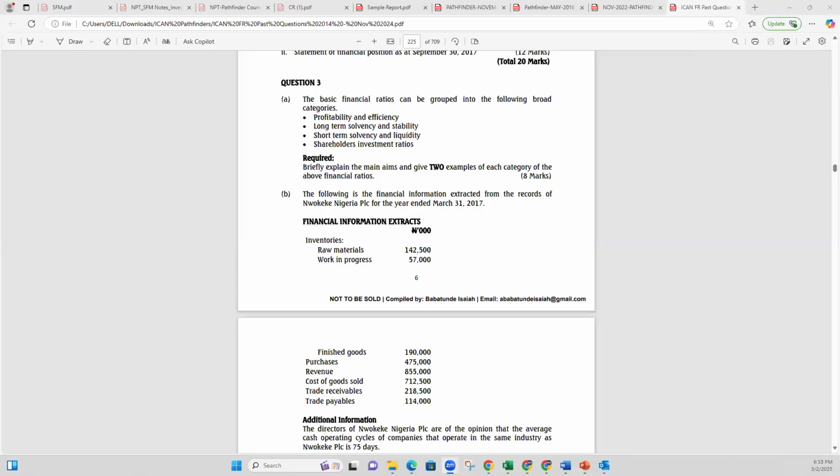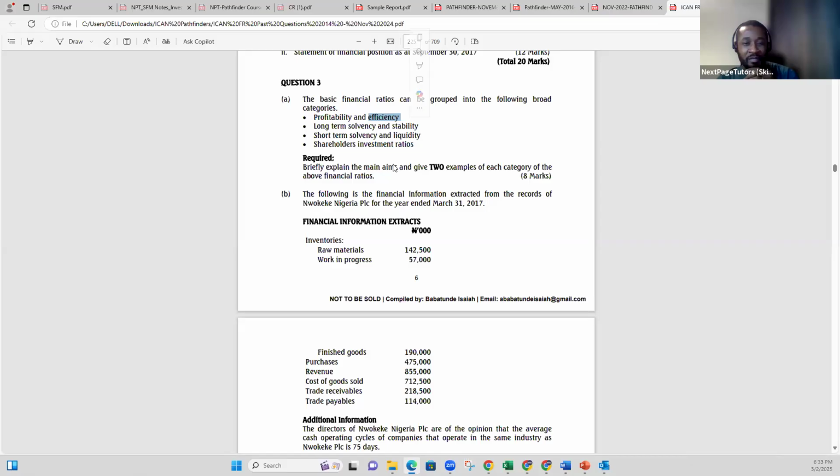So my background is a bit noisy, but manage it like that. Profitability ratio measures the financial performance of the company over a period of time. While efficiency measures the effectiveness and efficiency of the company's operations in relation to working capital.